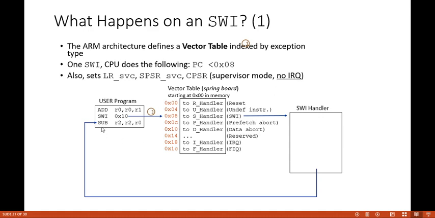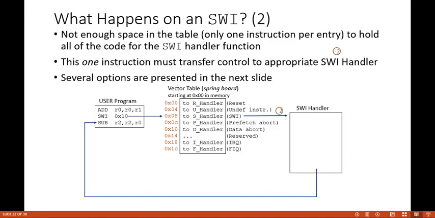So when you execute this SWI 0x10, it will go to the vector table entry 08. From that it will go to the software handler code, execute it, and come back to the main program. So it is a complete process where it goes to one subroutine, executes it, and comes back to the main program.